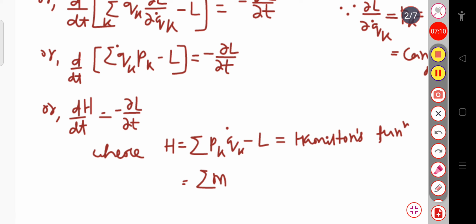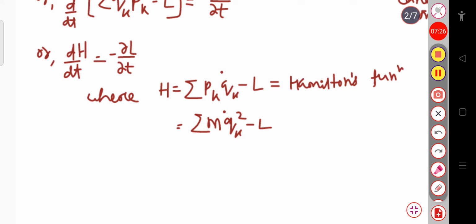In place of v I will write q̇k, so directly I will write m q̇k squared minus L. Since pk equals m into q̇k, I can write sum over m q̇k squared minus L. And also this can be written as, if I multiply by 2 and by 1/2, 2 into 1/2 is 1, so this will be 1/2 m q̇k squared minus L. Then this 1/2 m q̇k squared is nothing but your kinetic energy.